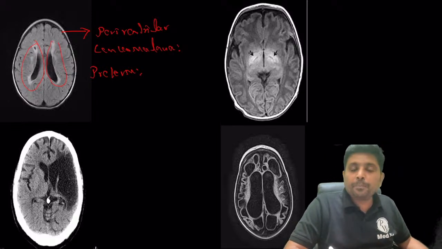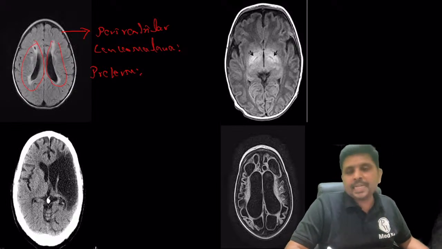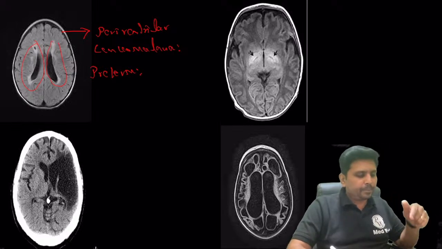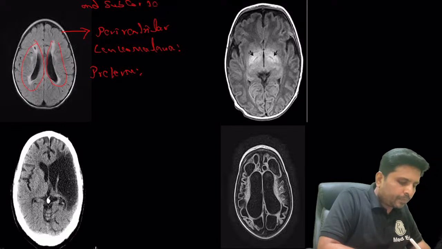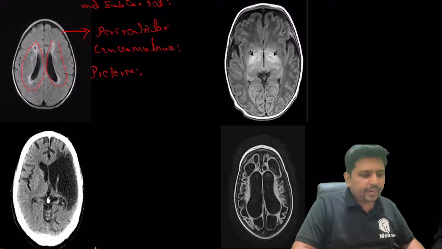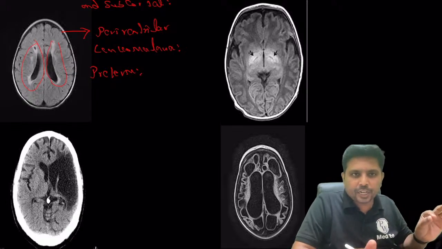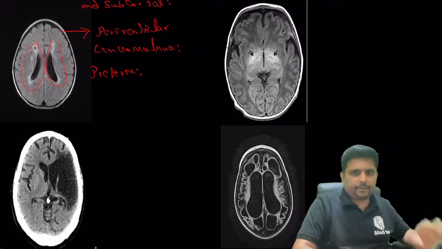In preterm, it preferentially involves the periventricular area, whereas in term, it involves parasagittal and cortical areas. In preterm, periventricular and subcortical areas are involved. Okay, so this is periventricular leukomalacia, suggestive of spastic diplegia occurring in a preterm.